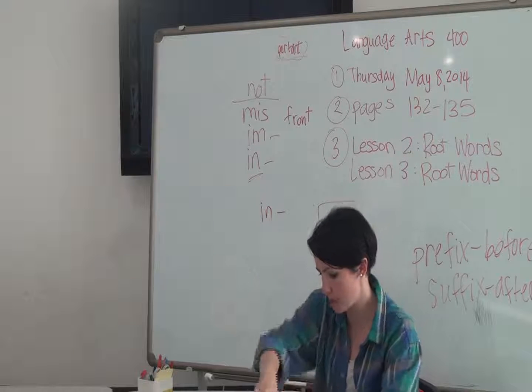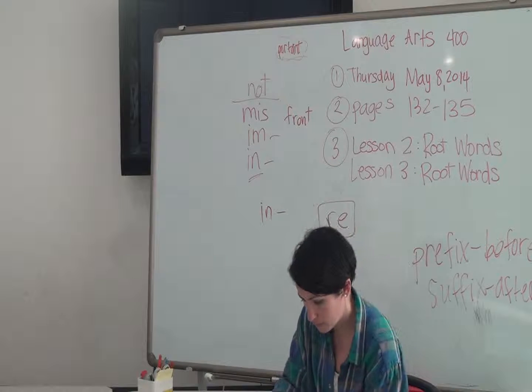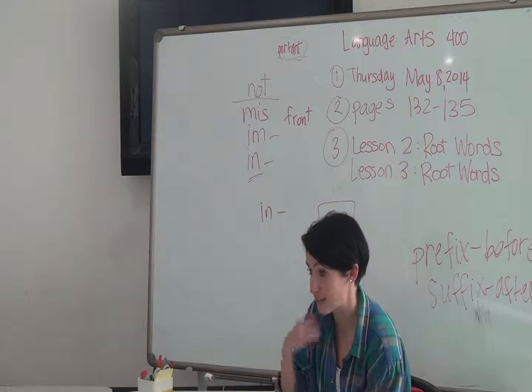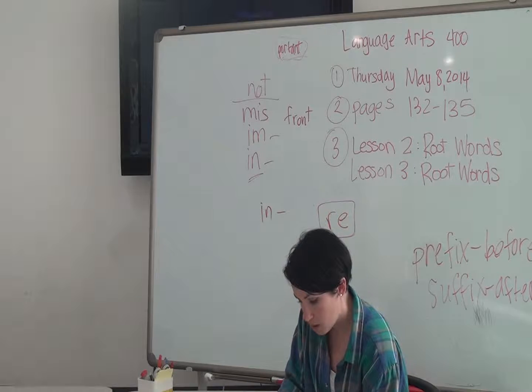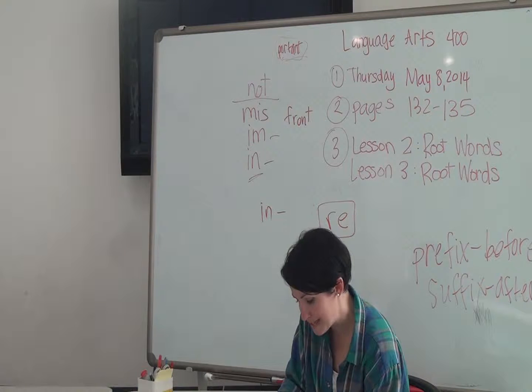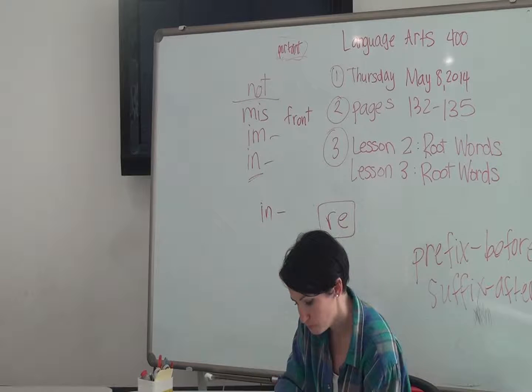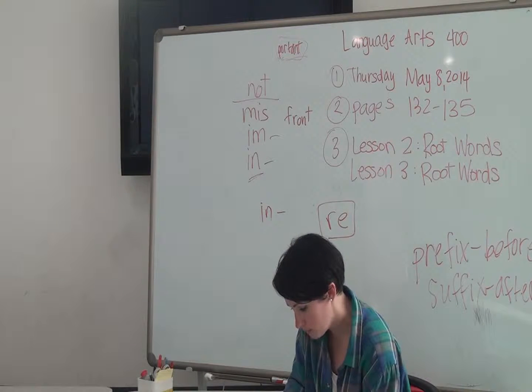Alright, 134. Let's see. Match the following. Use a dictionary. We're not going to use a dictionary. Let's just try to guess what we think, okay? Alright, so let's do number 1 first. Giving and taking. Yeah, good. Exchange. Giving and taking. Exchange. Okay. 2.